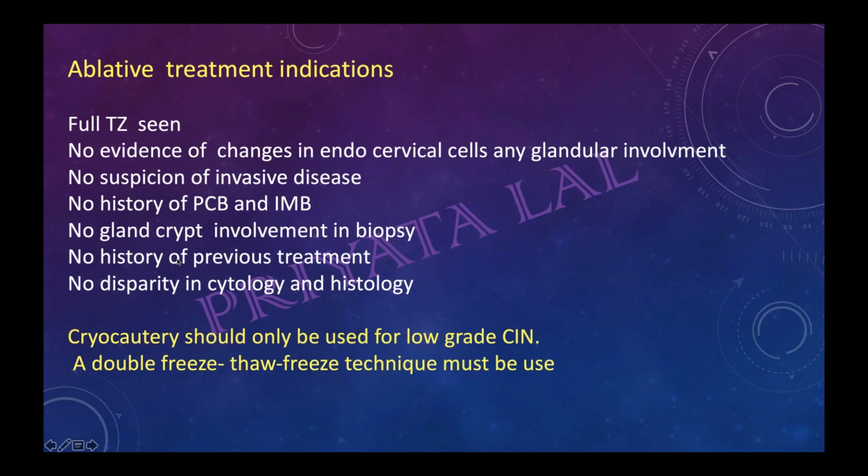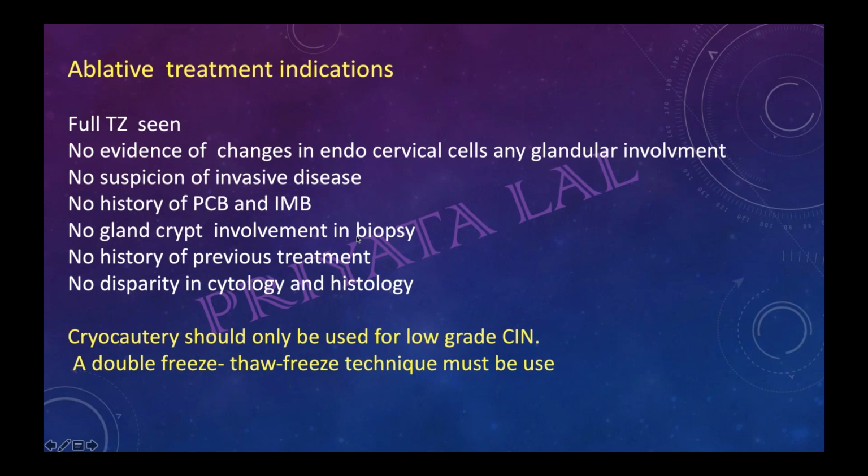There is no history of any previous treatment, and no disparity between cytology and histology. So these are the criteria. If these criteria are met, then ablative treatment can be offered to this patient.